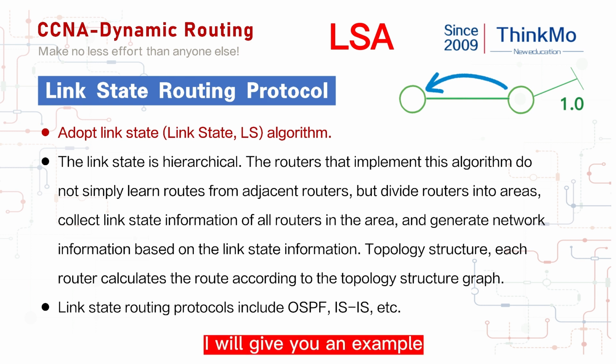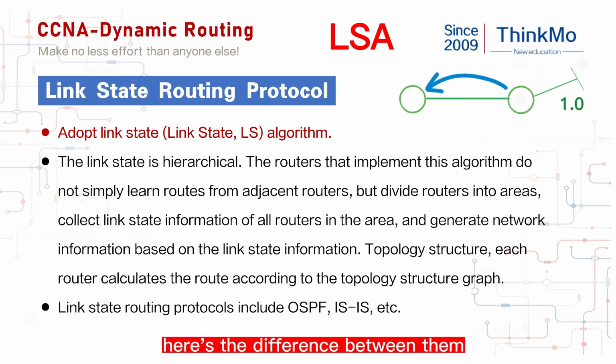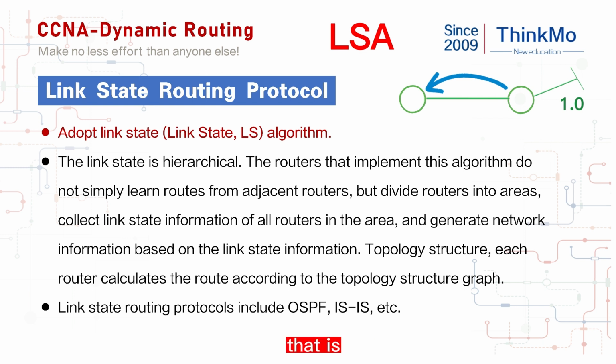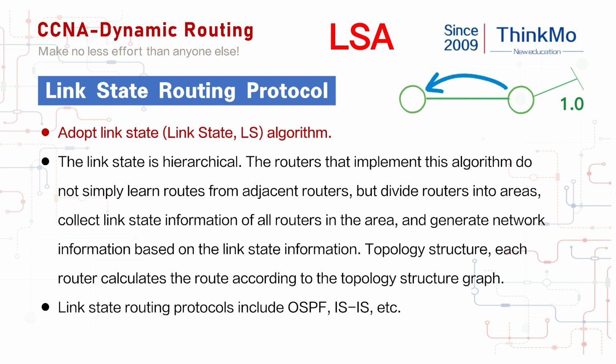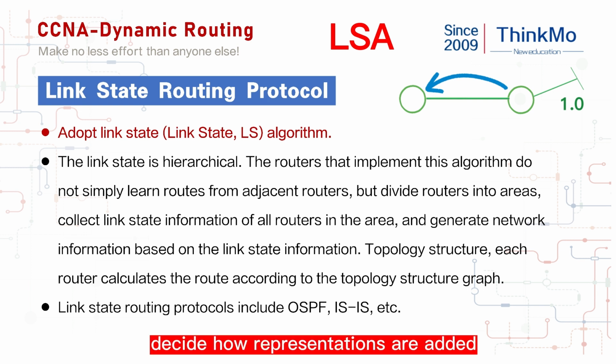I will give you an example. Link state routing protocol is like giving you some ingredients. If you want to eat, cook for yourself. Distance vector routing protocol is like cooking for you. You eat it directly. Here's the difference between them. That is, LSA is like a raw material. It gives some info to the device. After the equipment calculates itself, it decides how to add the routes.